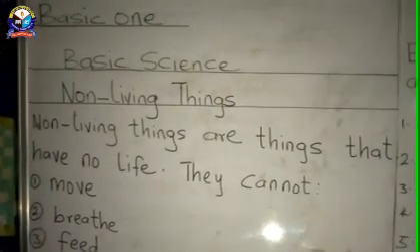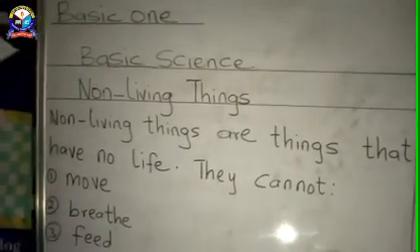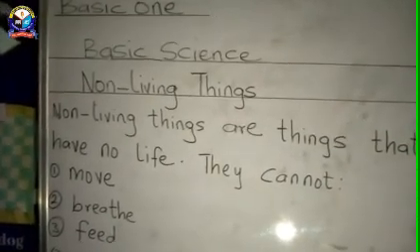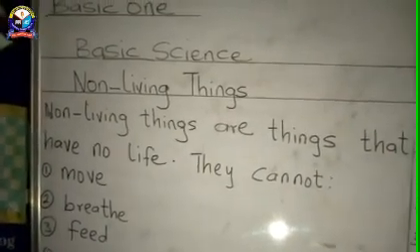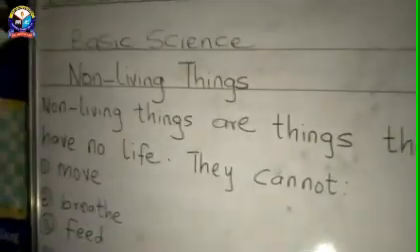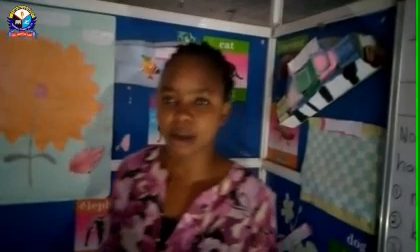Who can remind us of the topic we had last week? The topic was living things. Living things, which is the opposite of non-living things. In our last class, I told you that living things are those things that have life, and they can move from one place to another.